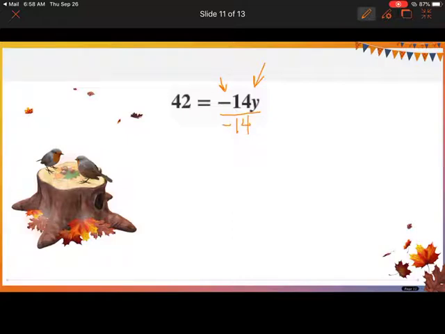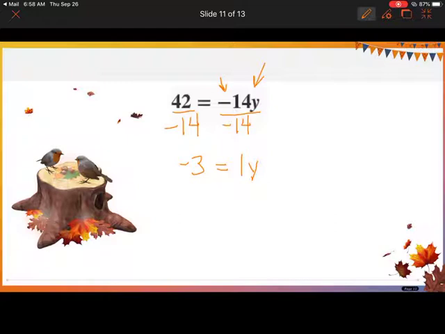So I'm going to divide by negative 14. What is negative 14 over negative 14? If you don't know, put it in the calculator and see what you get. Good, it's 1. So that leaves me with 1y equals negative 3.